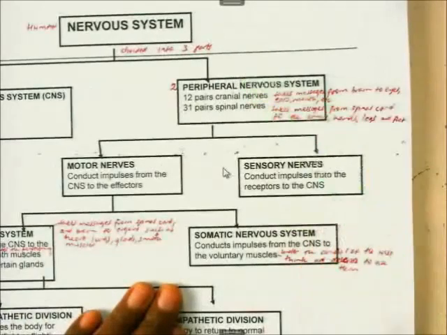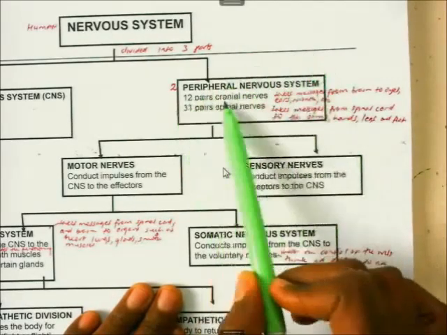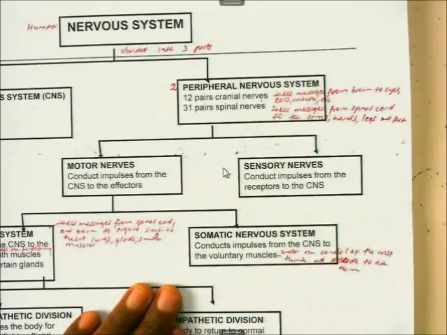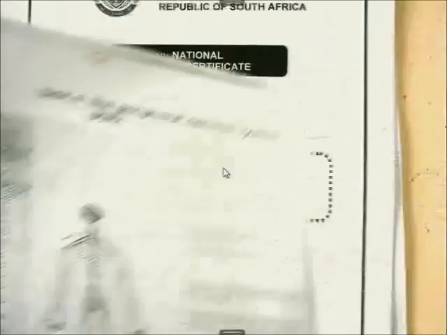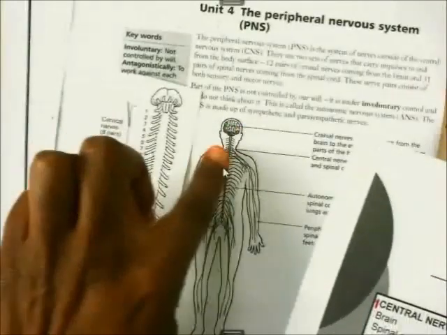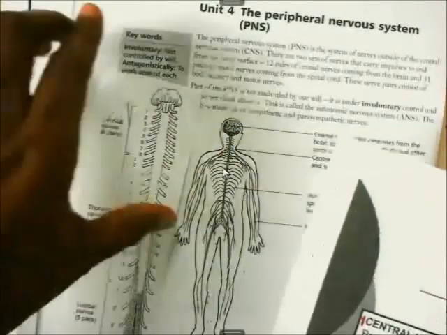The peripheral nervous system, which consists of the 12 pairs of the cranial nerves. These are the cranial nerves.